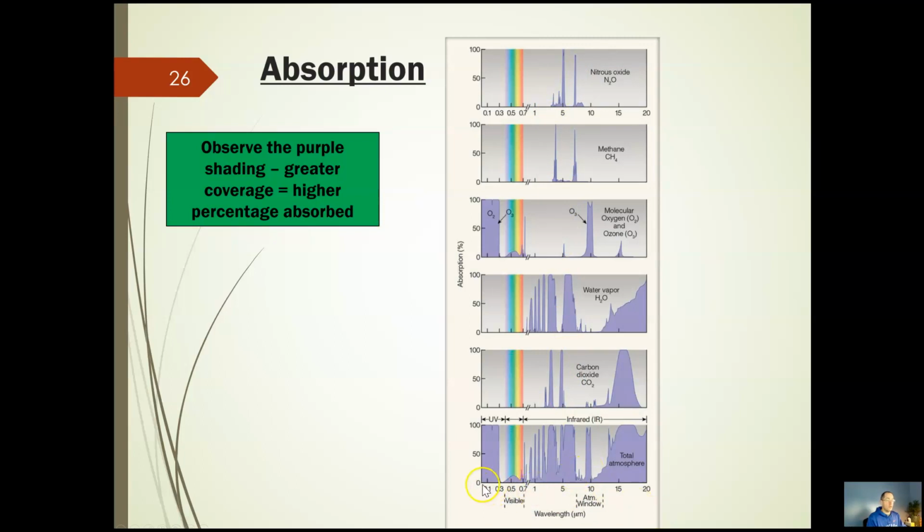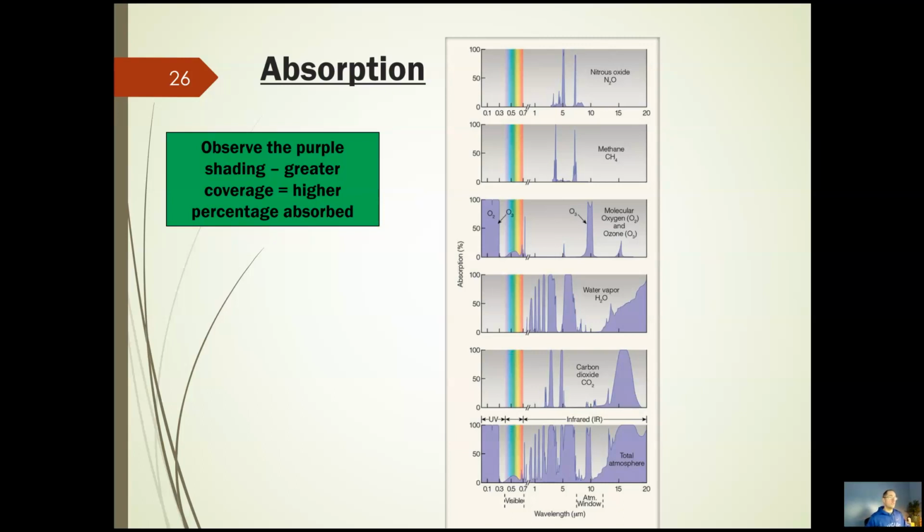On the y-axis you're seeing anywhere from 0 to 100% being absorbed. Then you're seeing the different wavelengths, from the ultraviolet, the very short wavelength, all the way towards the long infrared portion of the electromagnetic spectrum, the very long wavelength and lower energy.